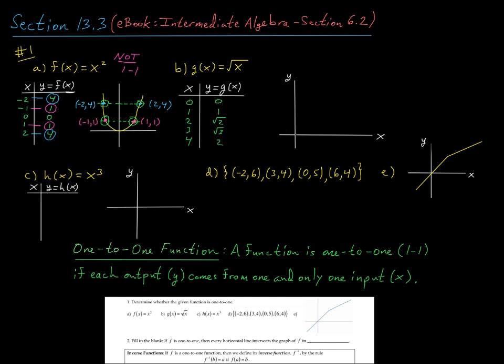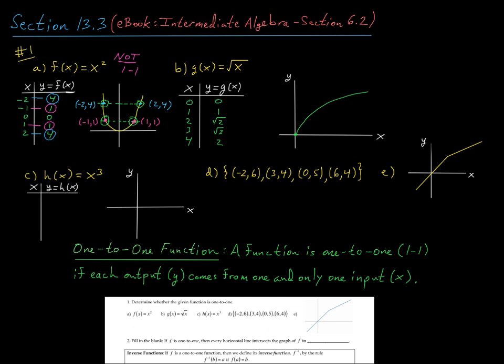Okay. Now, if I were to graph this thing, this turns out to be a parabola sort of on its side, so to speak. But here's the deal. Any one of these numbers, any one of these output y values, can't come from more than one input. And we can see this graphically.